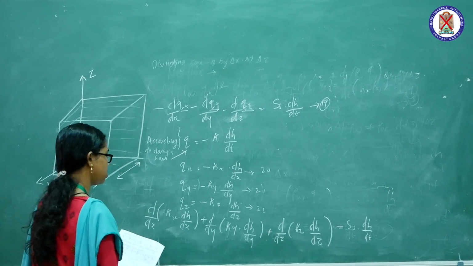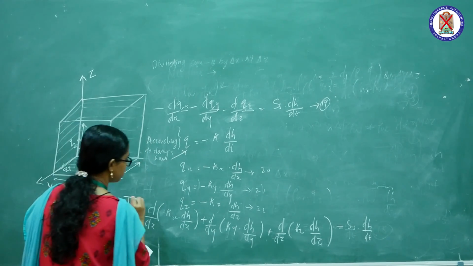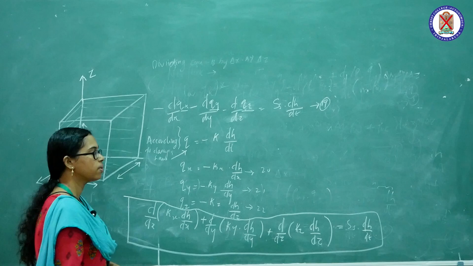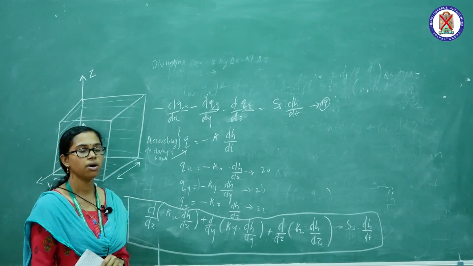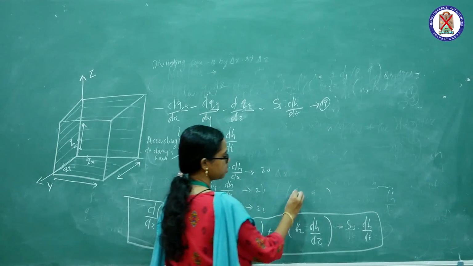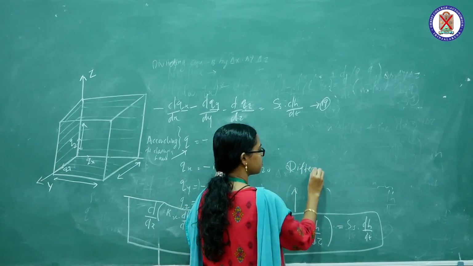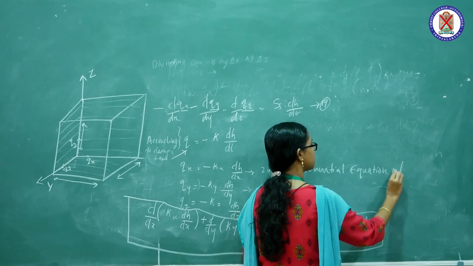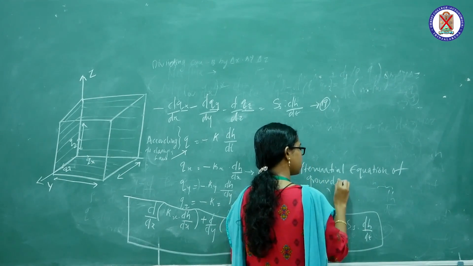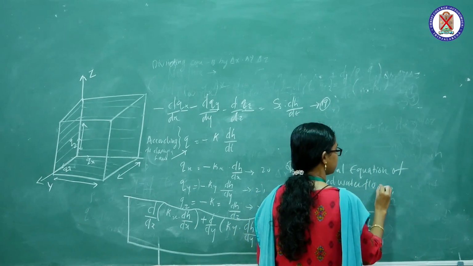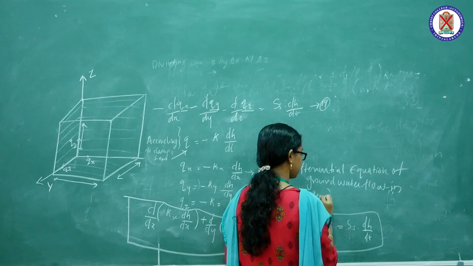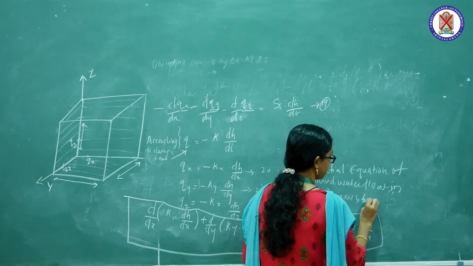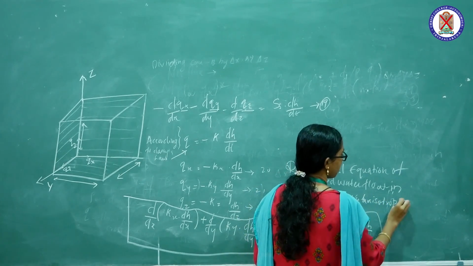So this becomes our differential equation of groundwater flow in a heterogeneous and anisotropic aquifer.